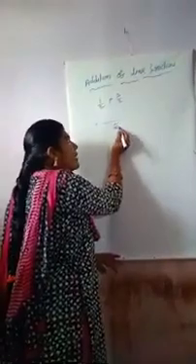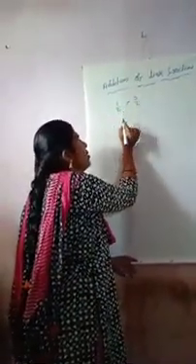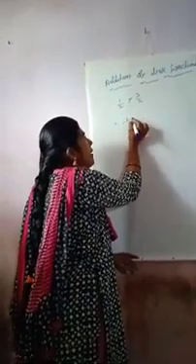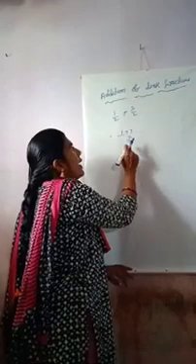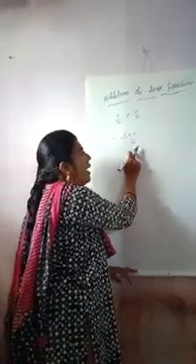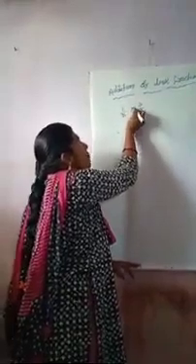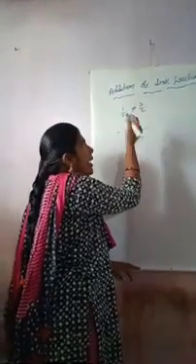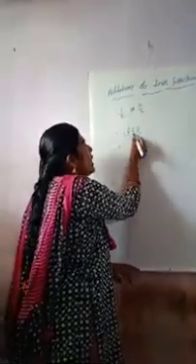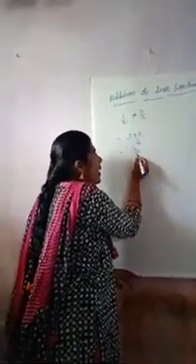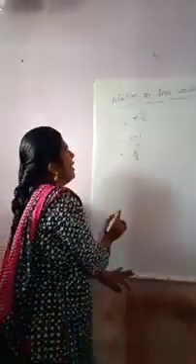The denominator is the same, so write the same number in the denominator. Next, the numerators: the first is 1, the second is 3. 1 plus 3, how much? 4 by 2, easily calculated for like fractions.